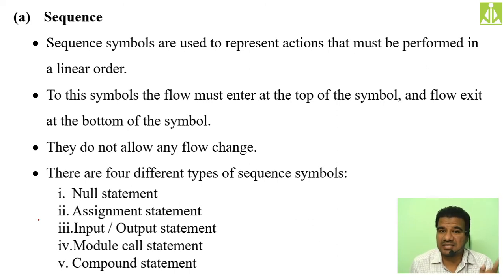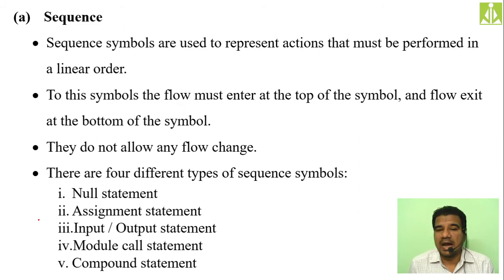Remember this: as it is sequential, as their execution will be linear, we are not going to have more than one entry point and more than one exit point. They will have exactly one entry point and exactly one exit point. That means only one entry flow line and only one exit flow line.